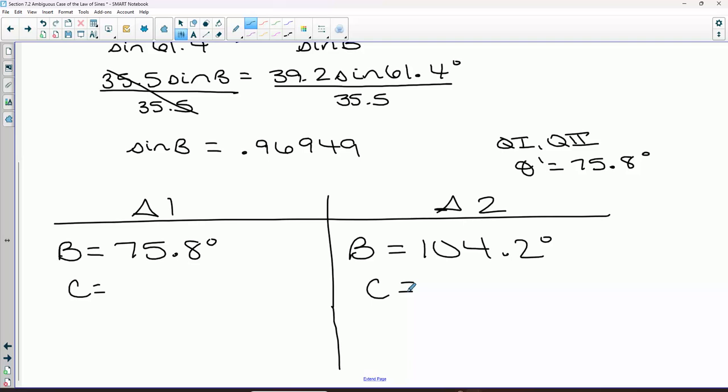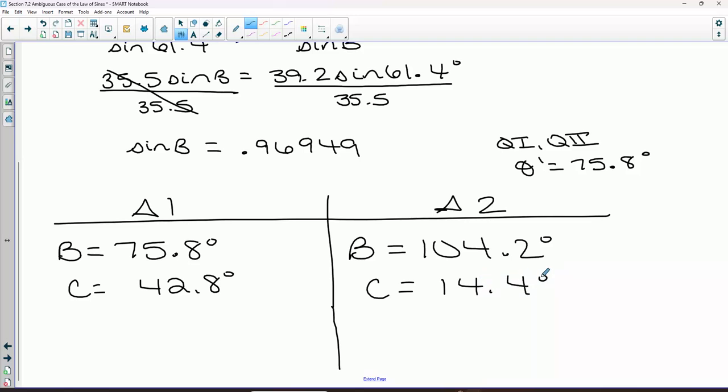So we just have to subtract from 180. So in the first triangle, angle C would be 42.8. In the second triangle, it would be 14.4 degrees.